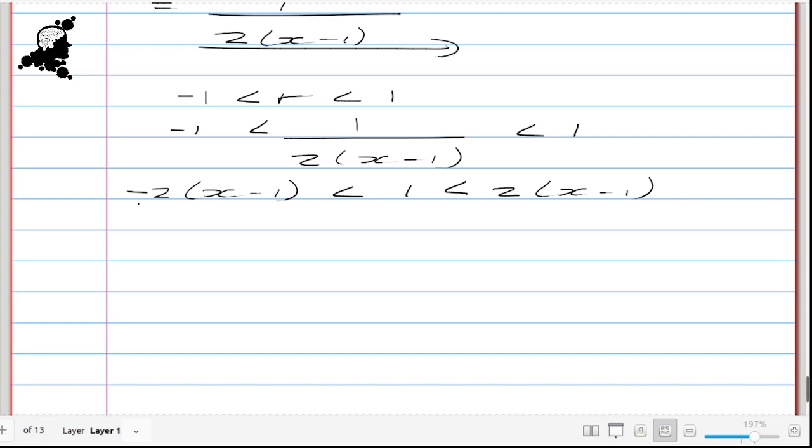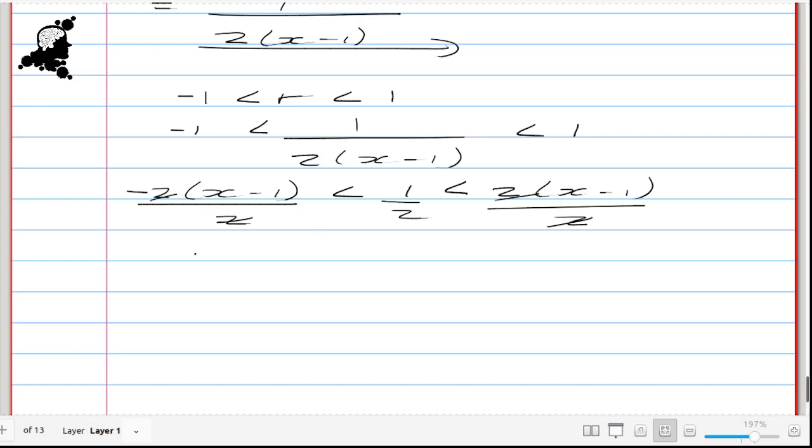Now we need to solve for x. To simplify my life, why don't I divide everywhere by, let me use +2 instead of -2, because that way I won't need to change my inequality sign. So divide by 2, divide by 2, and divide by 2. So this is going to cancel that.